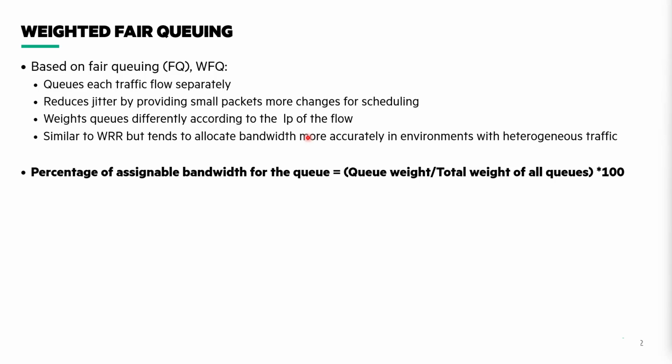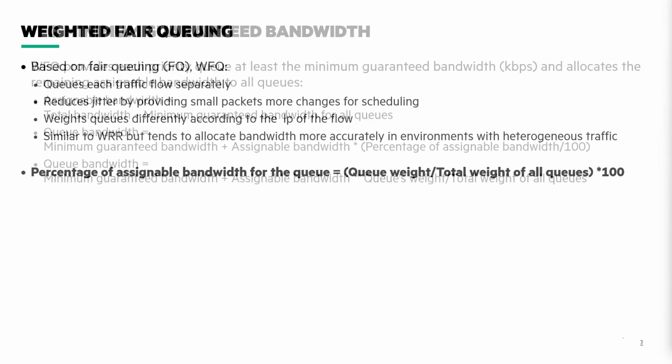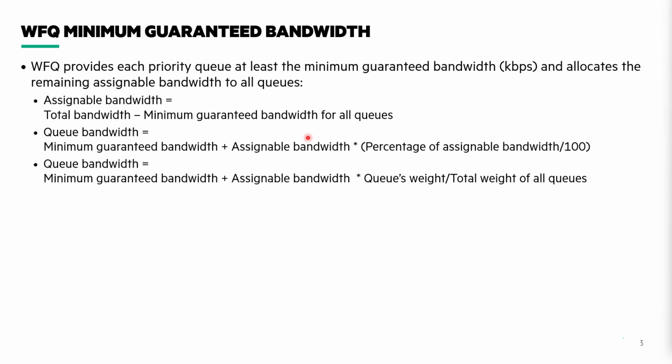If you have large packets or smaller packets, you give each queue, and by default each queue is given a weight, and then based on the weight I will fairly treat these queues, but at the same time I will make sure that no queue is starved by implementing what's called guaranteed bandwidth. Sometimes we call it minimum guaranteed bandwidth, or MGB. I will be able to have the minimum guaranteed bandwidth with the weighted fair queue.